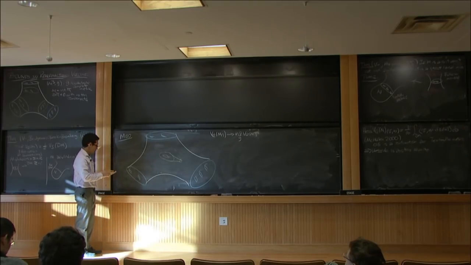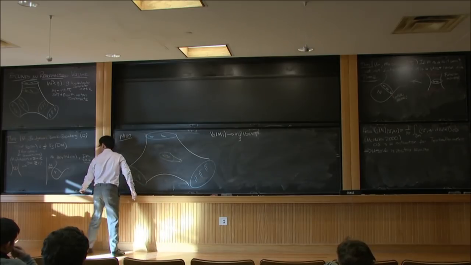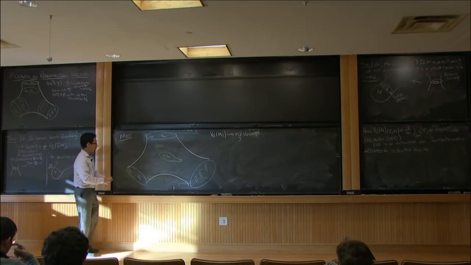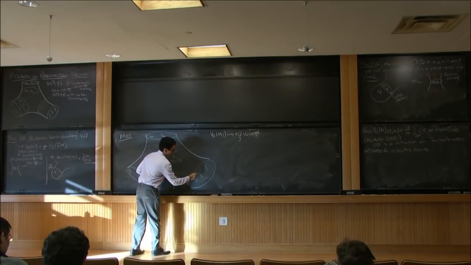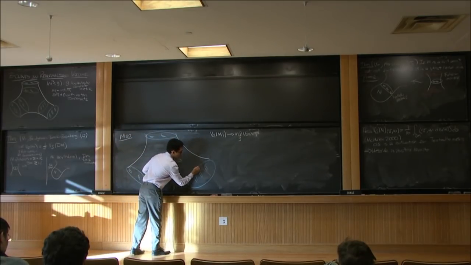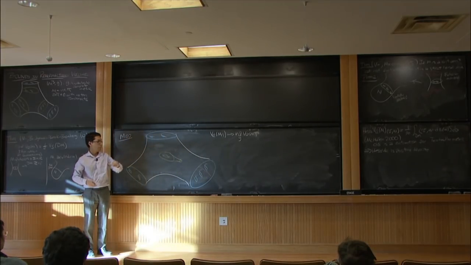What else could happen? Well, maybe the curve that is getting really, really small is in the boundary. So for example, let me take this boundary component. We could have a curve here which is getting arbitrarily small.